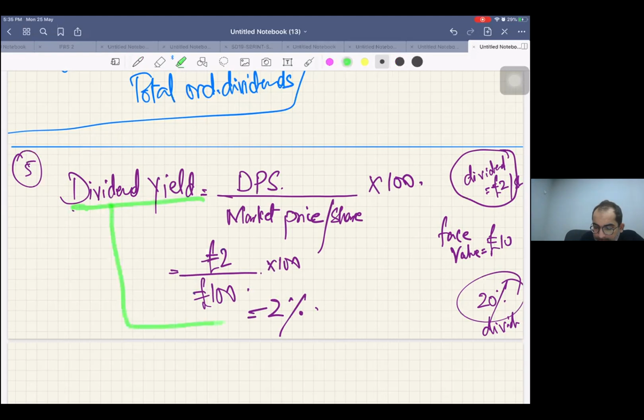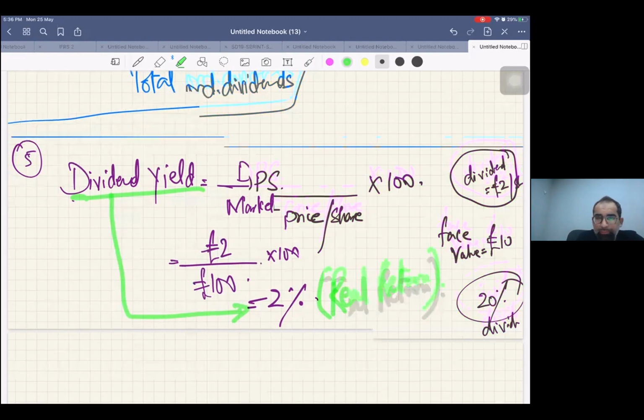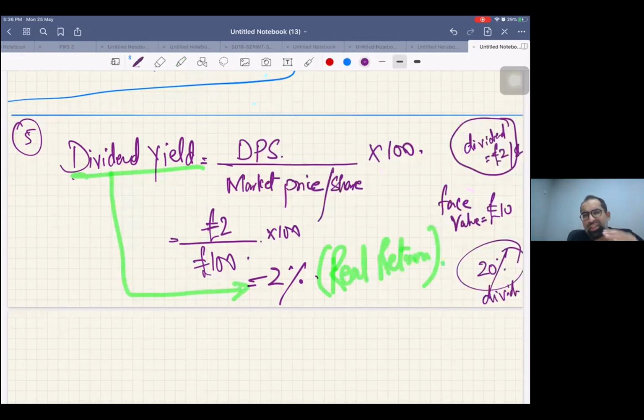It's the real return of a share in terms of dividend. So dividend yield is 2%. For your information, normally this ratio is taught in detail when you do stock market analysis, when you study a CFA type qualification.